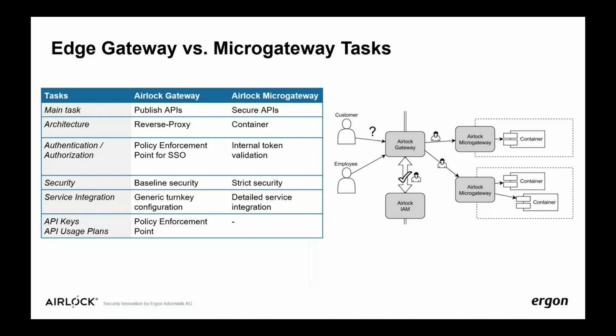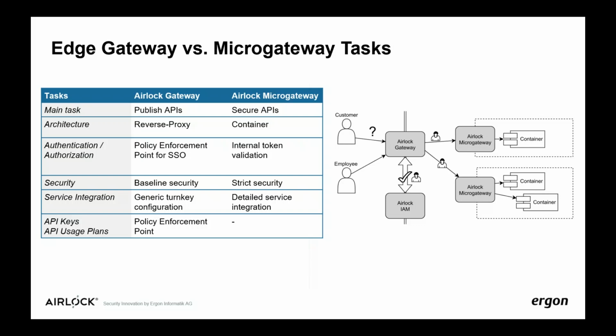The architecture, as I said: the reverse proxy will be the front Airlock Gateway, and the container will be the one directly on the service. The authentication and authorization policy enforcement point for the single sign-on will be on the Airlock Gateway, while the Airlock Microgateway will be able to verify those JWTs, those JSON Web Tokens, internally.